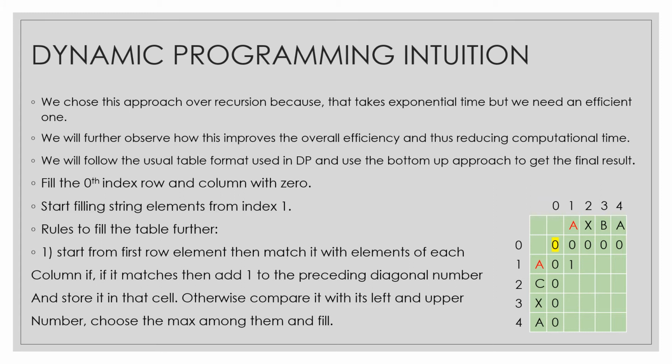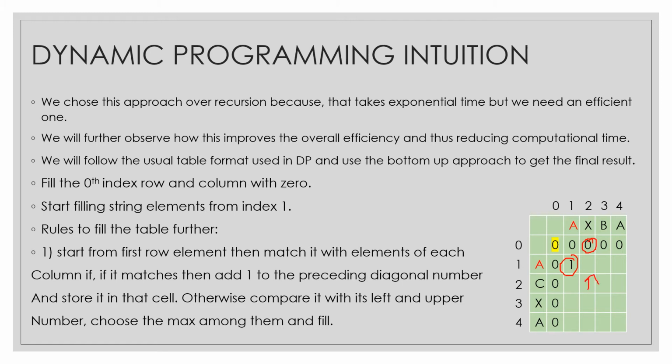Now for rule 2, let's suppose again we take the element from row 1 and now compare it with column 2, which is A and X. As we can see, both of these elements are not equal. So what we'll do is compare these two elements, and the maximum among them will be appended in this cell.